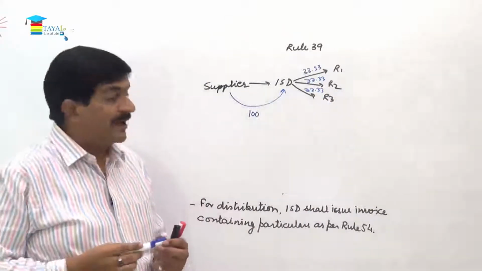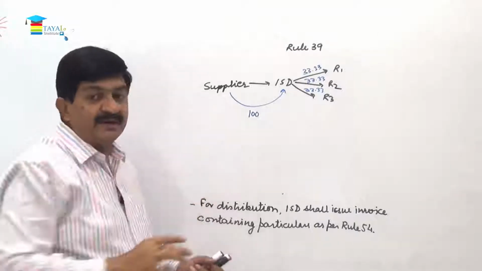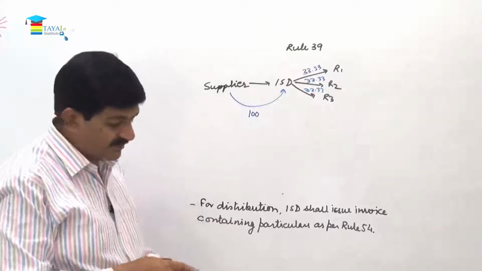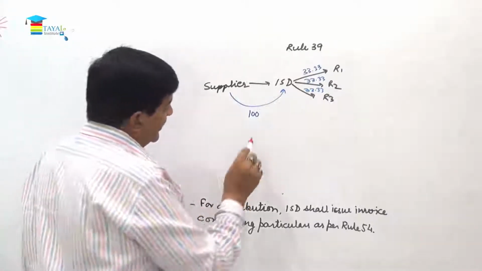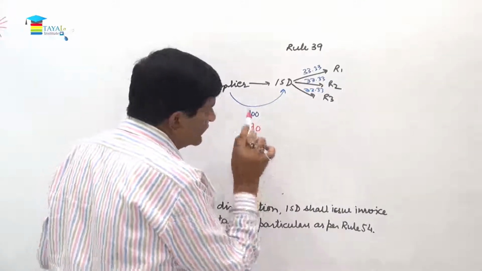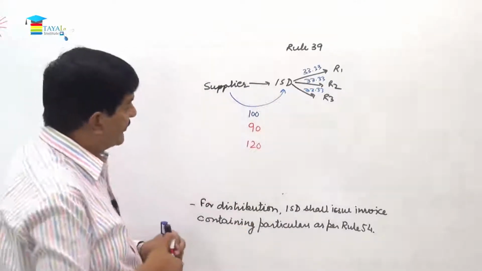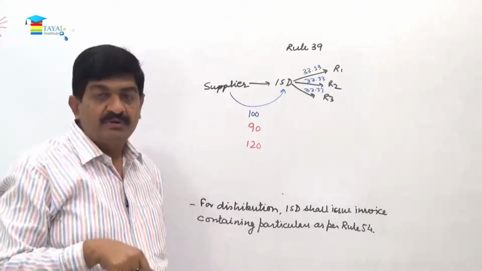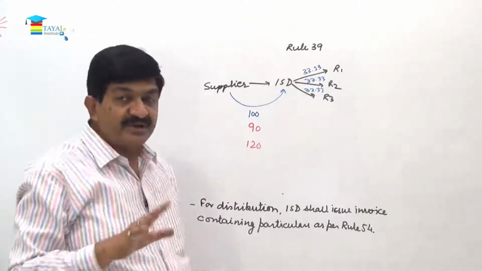Right? Now what happens? This supplier changes the value for some other reason. Now this is possible that it becomes 90 rupees or it becomes 120 rupees. Now if it becomes 90, then the credit already transferred is more. Right? So there is a reduction in credit.